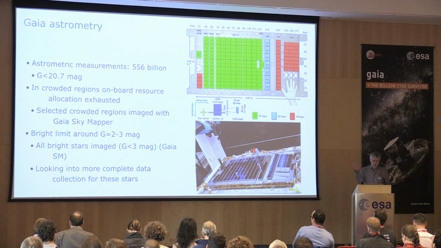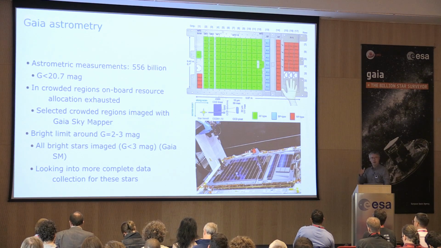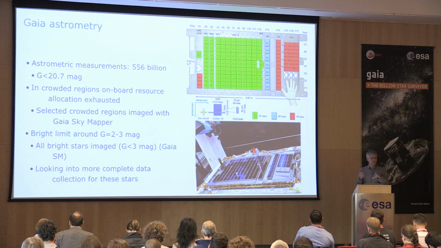Okay, the faint limit is 20.7. The bright limit is about 2 to 3 magnitudes. Anything fainter than 3rd magnitude is essentially always observed with Gaia. However, from about 3 to 6 magnitude, the sources are saturated. In principle, theoretically, it's not a problem, but let's see later in practice.